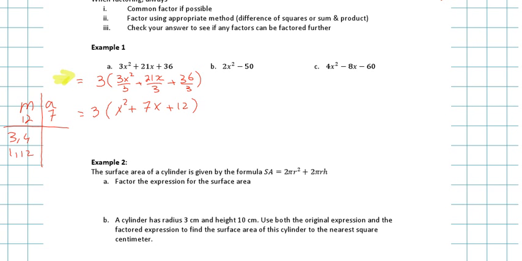So what is my answer? 3 and 4, because that adds to 7. Good. So 3 and 4 are my factors. All I have to do right now is x plus 3, x plus 4. Done. So the only step that I added here is taking out the greatest common factor first.